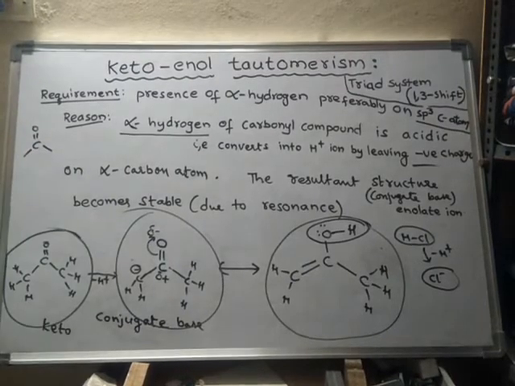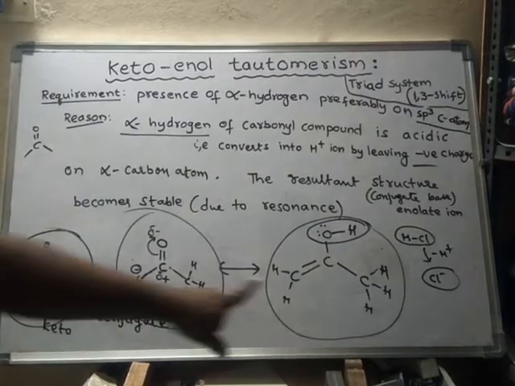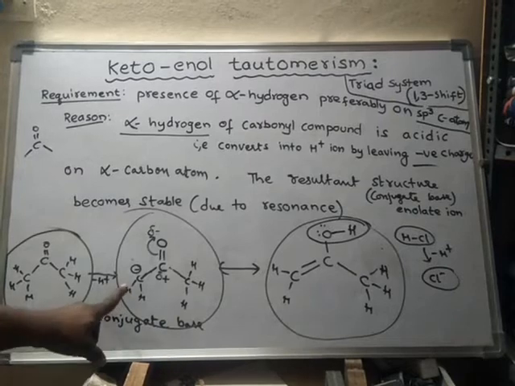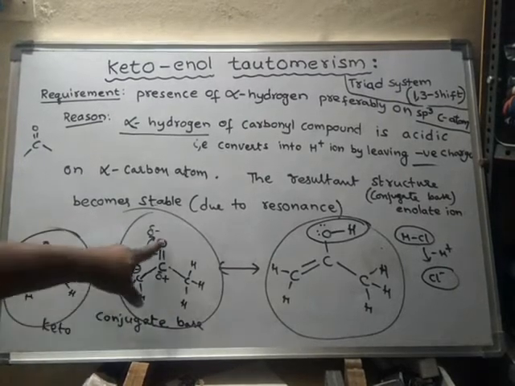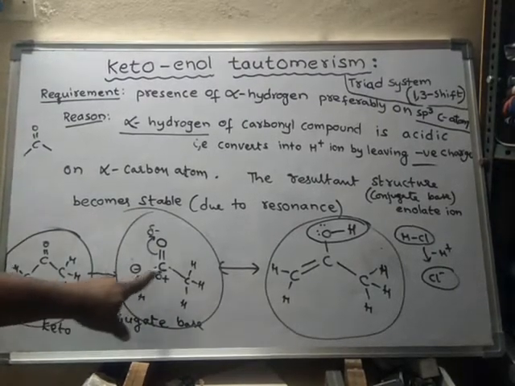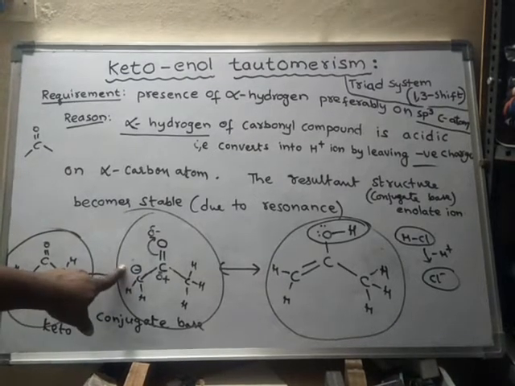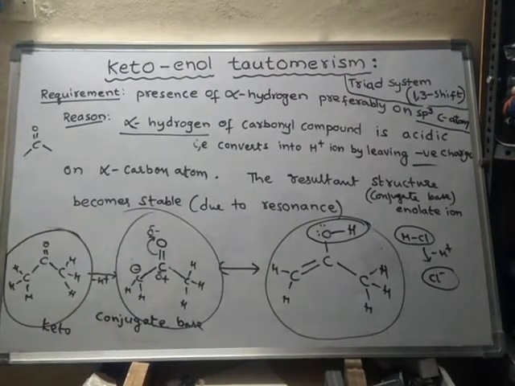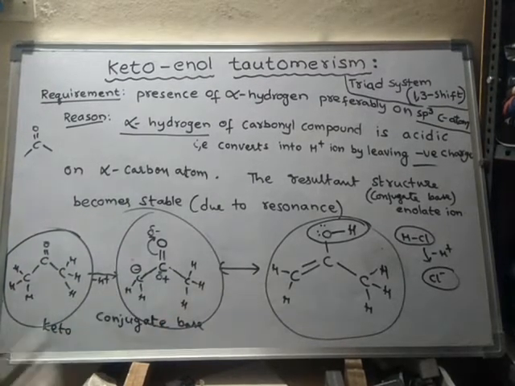So the keto form is converted into the enol form due to shifting of hydrogen from the alpha carbon to oxygen. The hydrogen atom is present on the first atom and it has shifted to the third atom. Hence it is said to be a 1,3 shift.